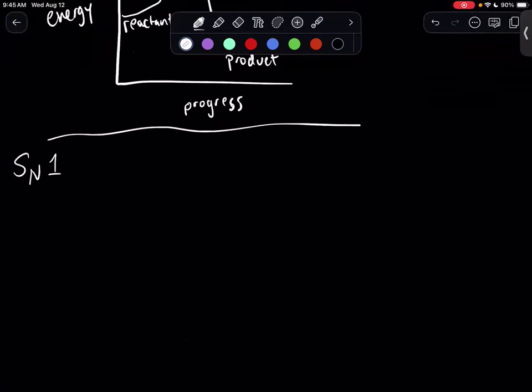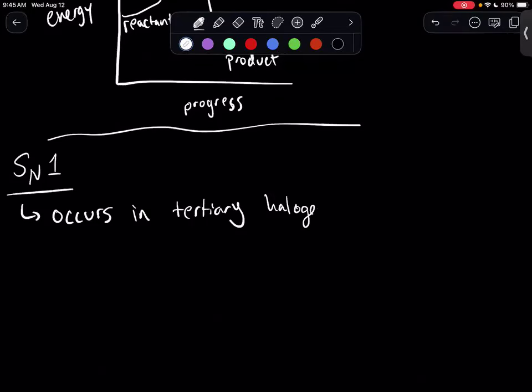They have a bit more of a complex reaction mechanism, but now doing the SN2, it's a bit easier to figure this out. Now, this occurs in tertiary halogenoalkanes.